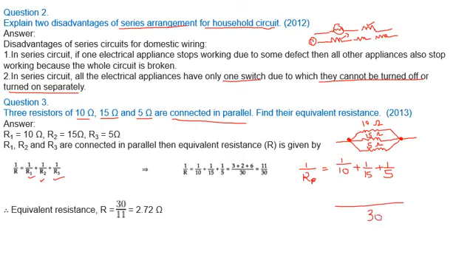It will be 3, 2, 6, and 6 plus 2 is 8, plus 3 is 11, so 11 upon 30. So 1 upon Rp is equal to 11 upon 30. Therefore, Rp will be 30 upon 11. If I solve this, I am getting 2.72 ohm. So this is the equivalent resistance.